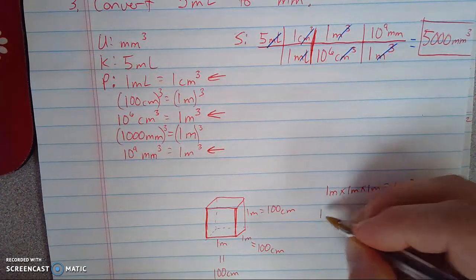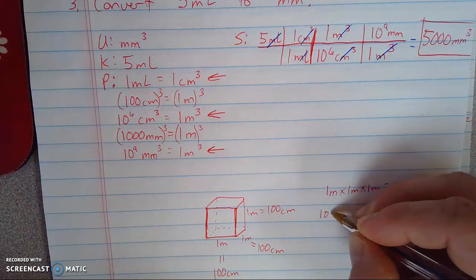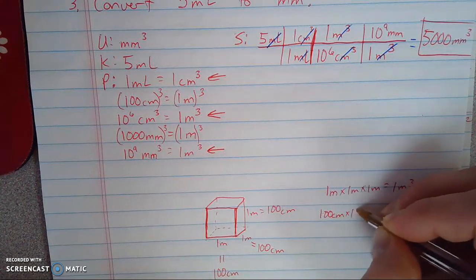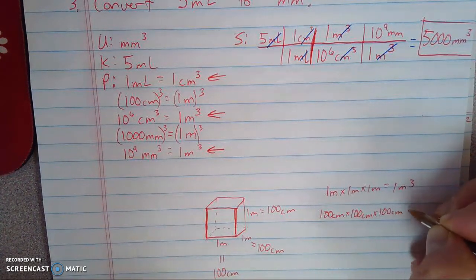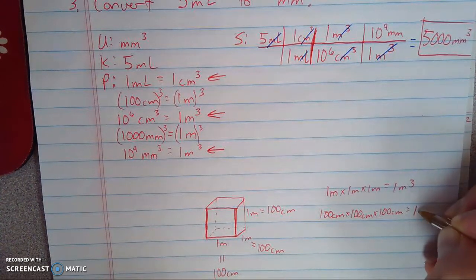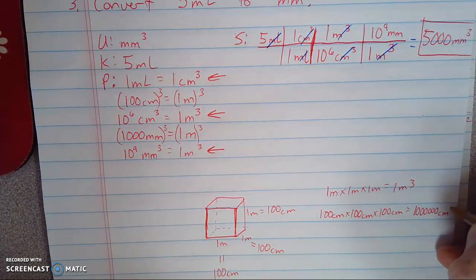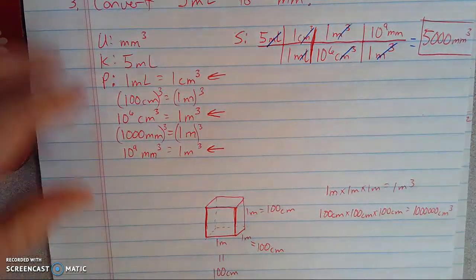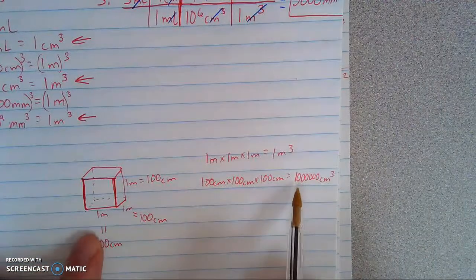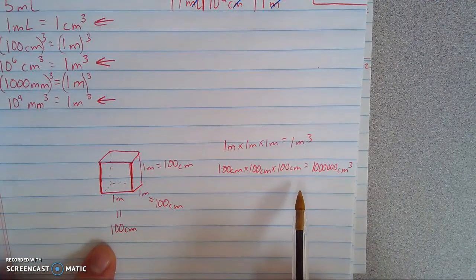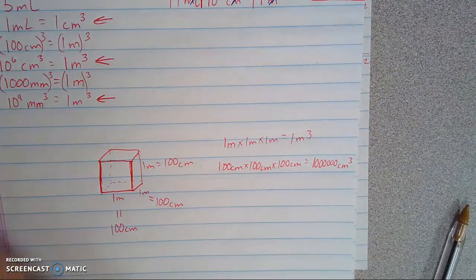If we did the volume in centimeters, it would be 100 centimeters times 100 centimeters times 100 centimeters, and that would be 1,000,000, or 10 to the 6 centimeters cubed. So that conversion that we came up with up here, 10 to the 6 centimeters cubed equals 1 meter cubed, this is an explanation of why that works. So I hope that helps you understand everything.